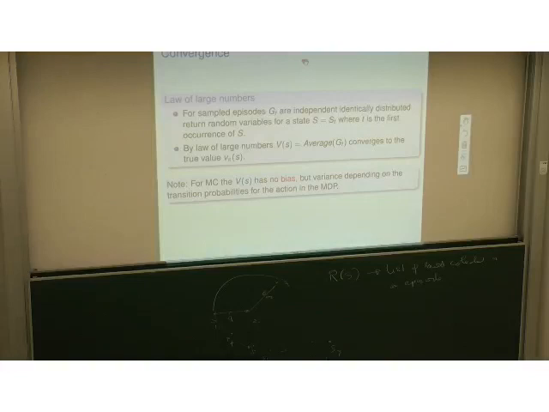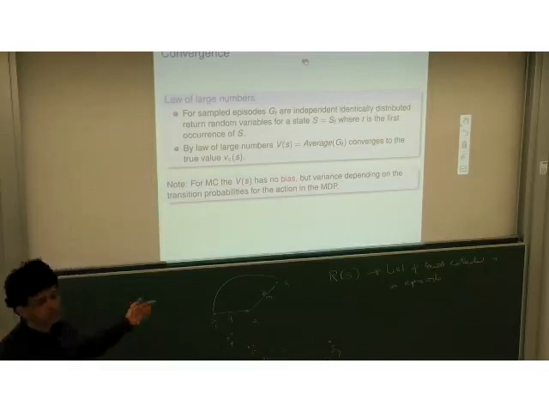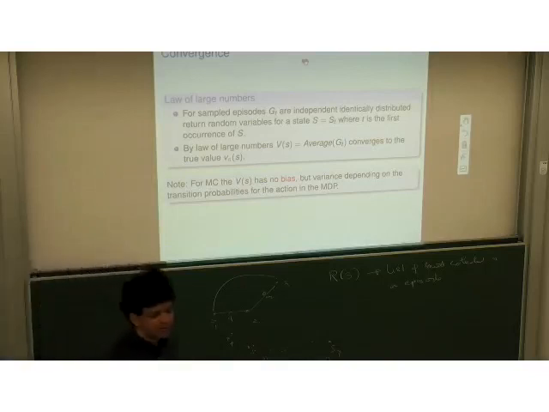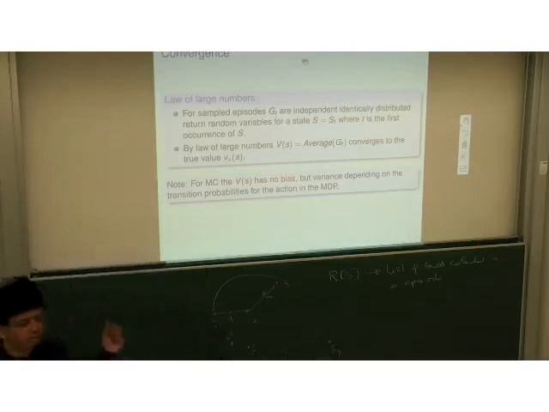This is the frame of mind we should have: there is a hidden MDP, and we don't know what it is. So when I take an action, there is some probability of getting into a new state. I am not given these probabilities. But when I follow an episode, I will incur some variance just because there are these hidden probabilities.